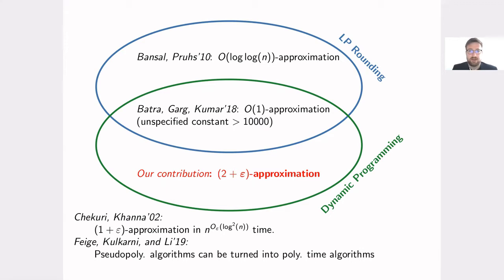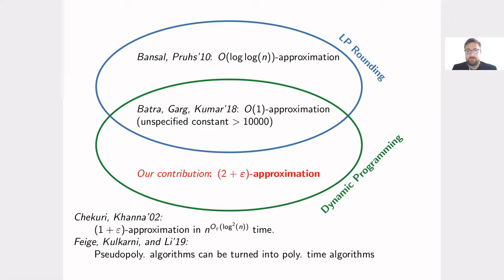However, this constant approximation was only a very large constant. This constant was unspecified, but it may be much larger than 10,000. Our contribution in this paper is to bring this constant factor down to only 2+epsilon for every fixed epsilon greater than 0.